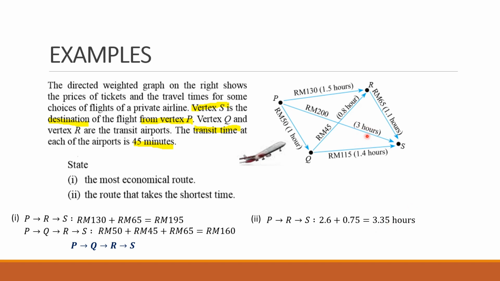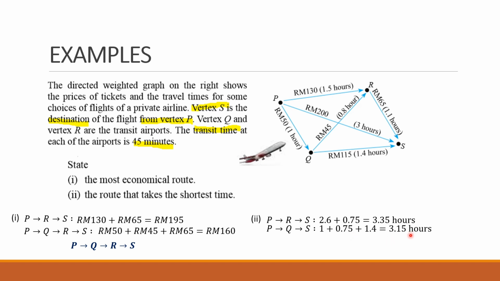which is longer than P directly going to S. Now I compare with PQ, going from P to Q. Instead of going to R and then having another transit time and then going to S, the better way is going P, Q and S. So the answer will be 1 hour plus 1.4 plus, don't forget the transit time, as I already told you just now.